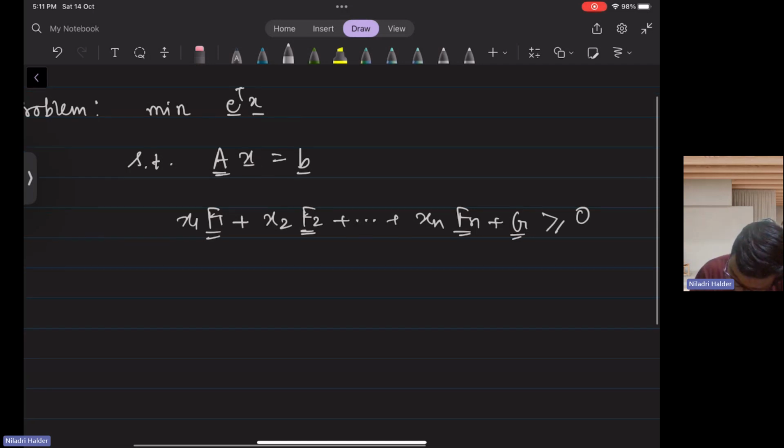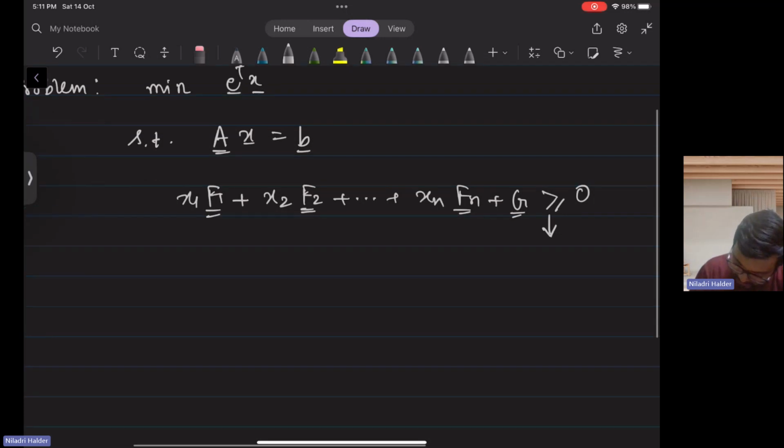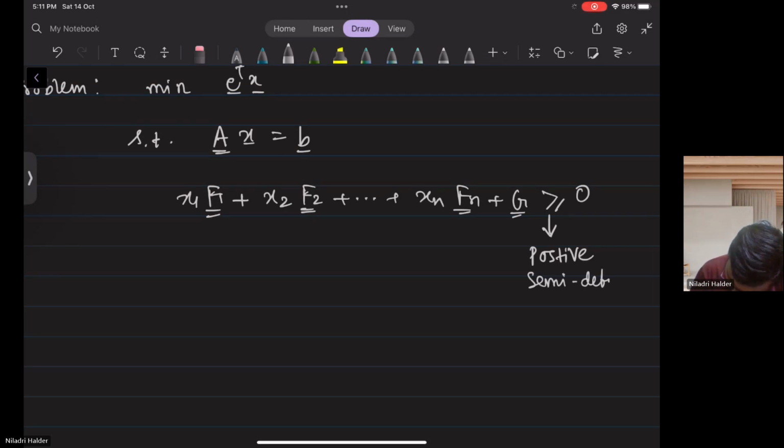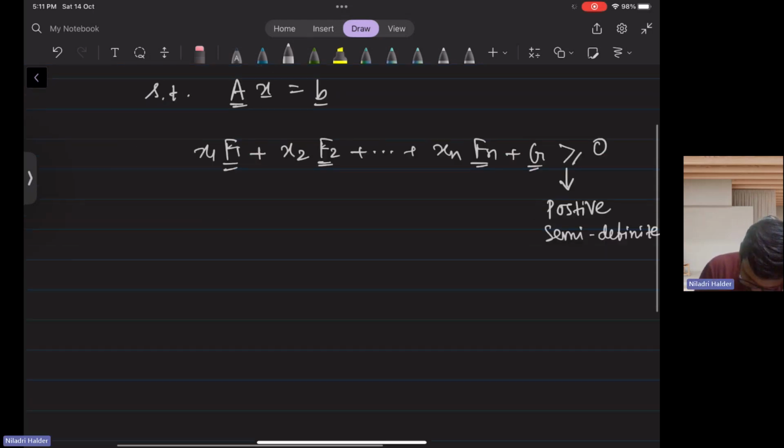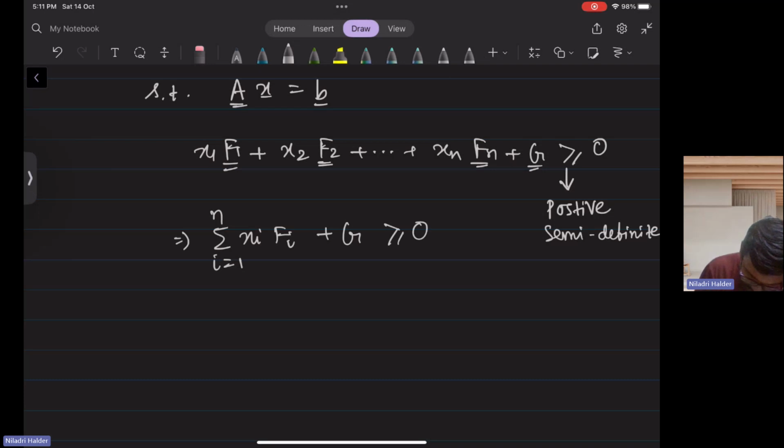So this greater than or equal to means positive semi-definite. Okay, so that means the summation of xi, i equal to 1 to n, Fi plus G greater than or equal to 0.